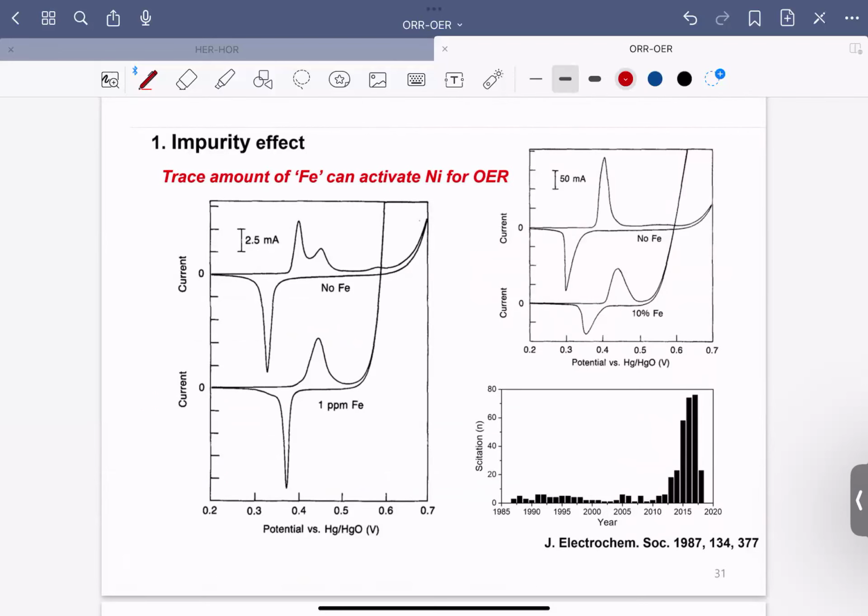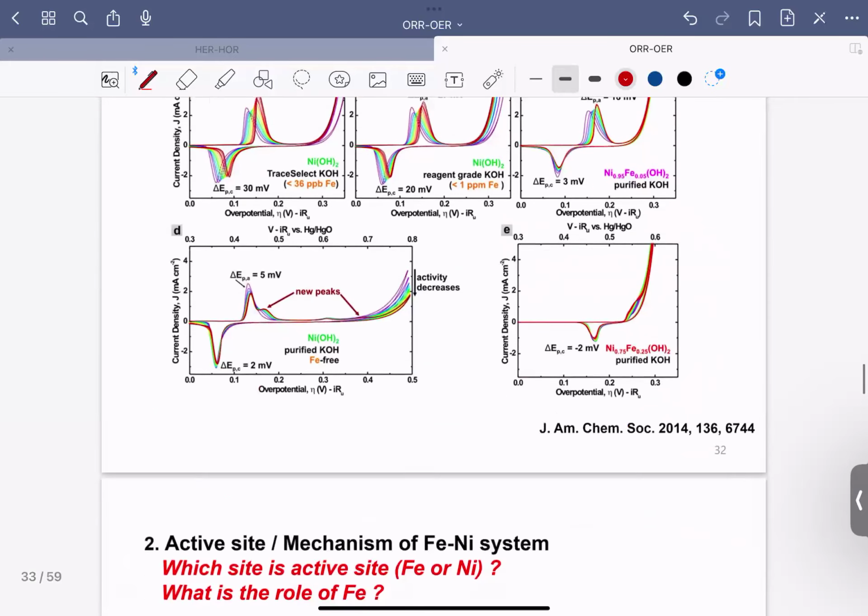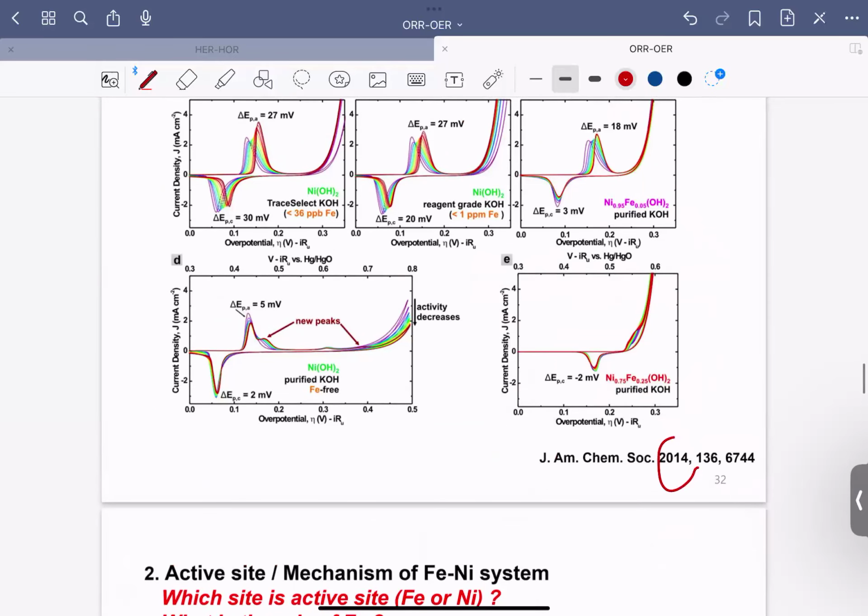So what happened, right? The key idea is people figured out that nickel is the best catalyst for the OER in alkaline media in general. Before 2014, because this paper is really important, right?